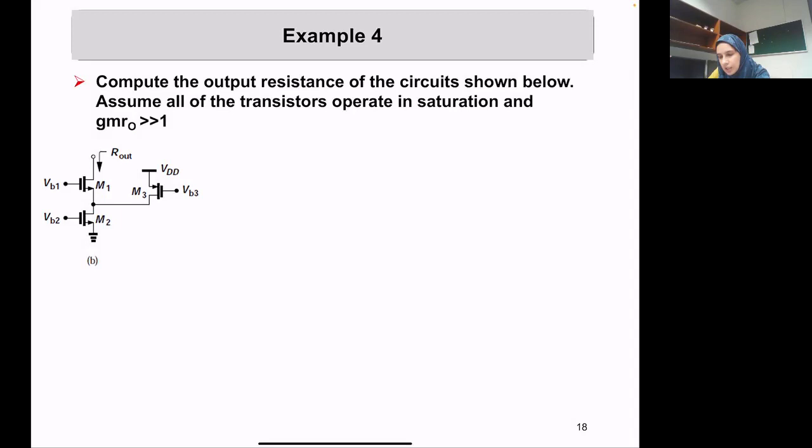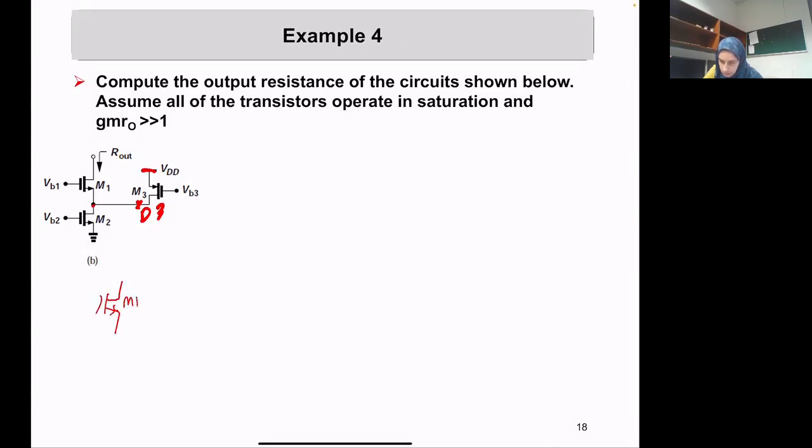If you assume that M1 is in parallel with M3, you will be wrong. Why? Because though this side is common, the other side is the drain of M3.